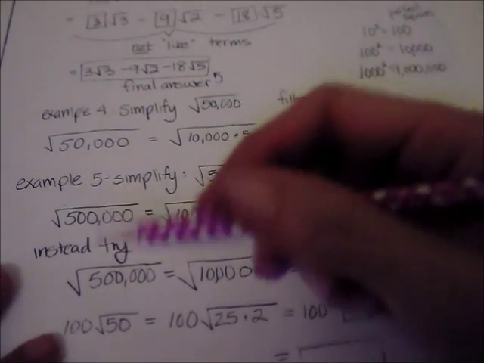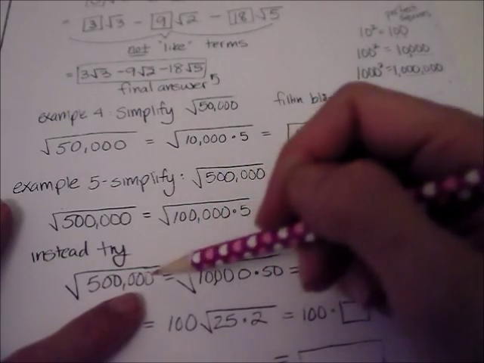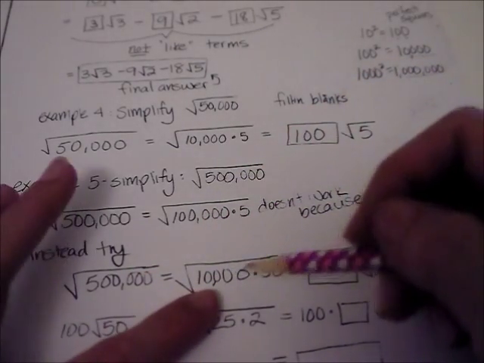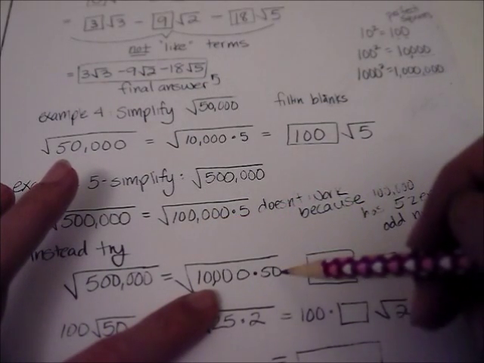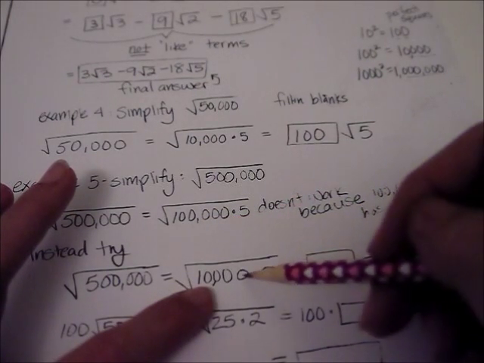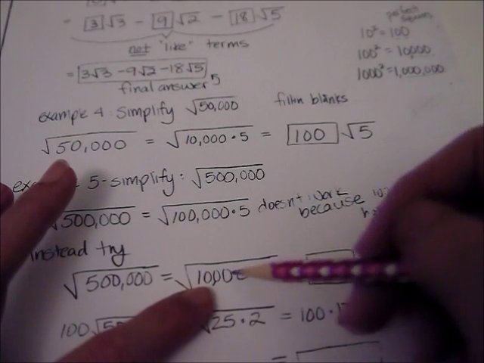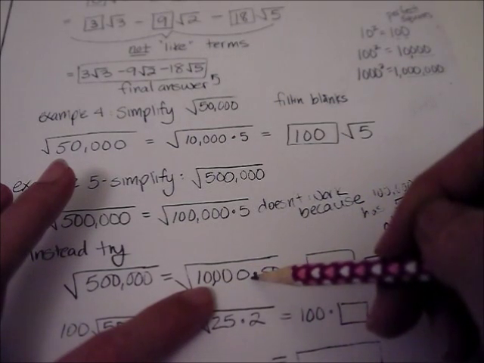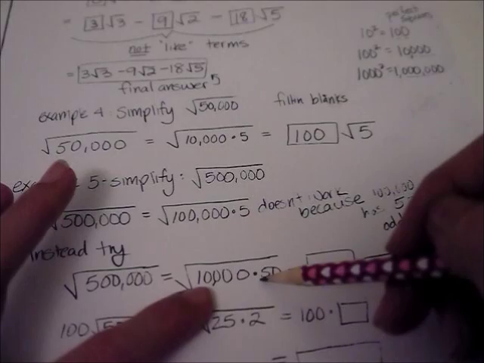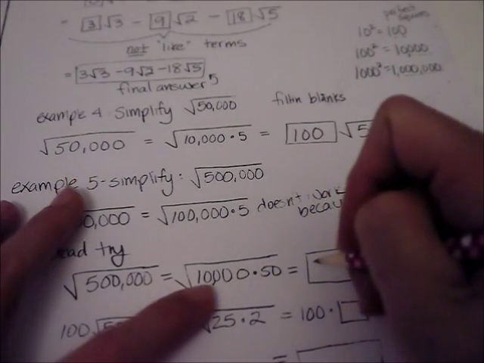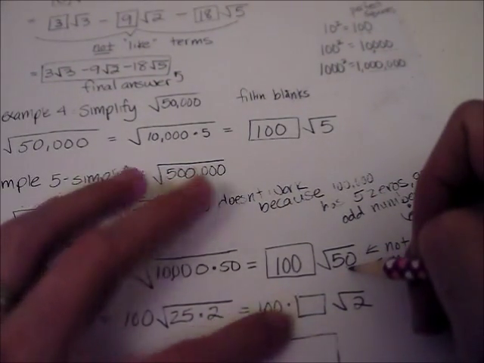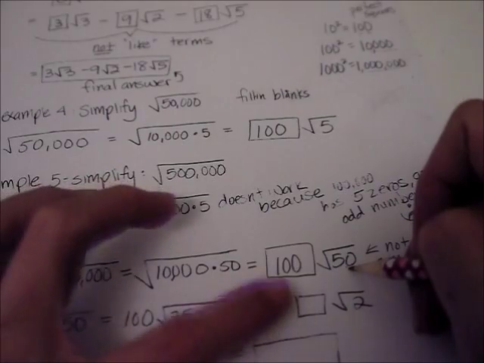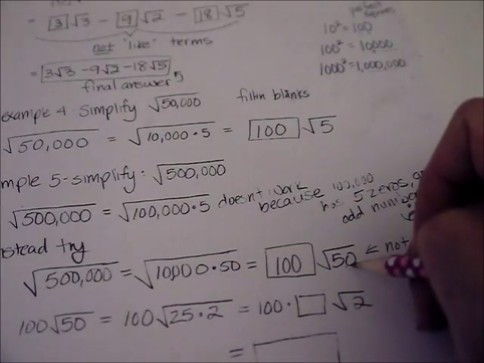All right, instead we're going to take 500,000 and, look at this, instead of 5 times 100,000, we're going to take 50 and multiply it by 10,000, because now we've got our even numbered zeros there. So what that means is now we can take, that's the same as 100 times the square root of 50. Now we're not done though, because we, in the past, now know that the square root of 50 can be simplified.